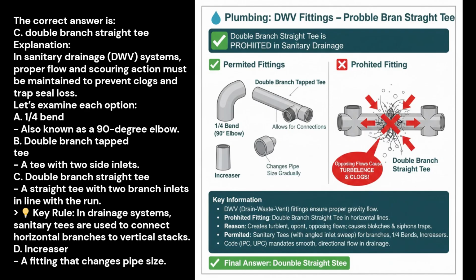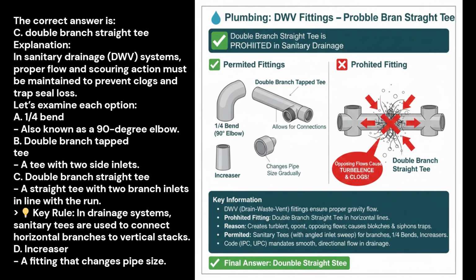In sanitary drainage, DWV, systems, proper flow and scouring action must be maintained to prevent clogs and trap seal loss. Therefore, fittings must be designed to allow smooth, directional flow of waste, especially when connecting horizontal branches to vertical stacks or other horizontal runs. Let's examine each option. A. 1/4 bend. Also known as a 90-degree elbow.